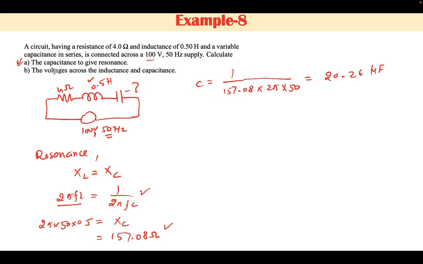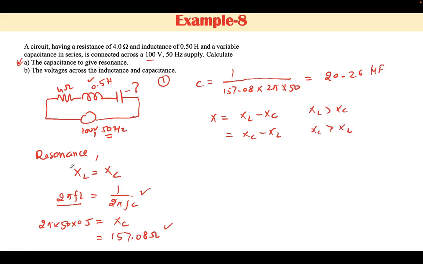The second part of this problem is the voltage across the inductance and capacitor. Since we know the capacitance and inductance of the circuit, X of the circuit will be XL minus XC or XC minus XL, depending on whether XL is greater than XC or XC is greater than XL.